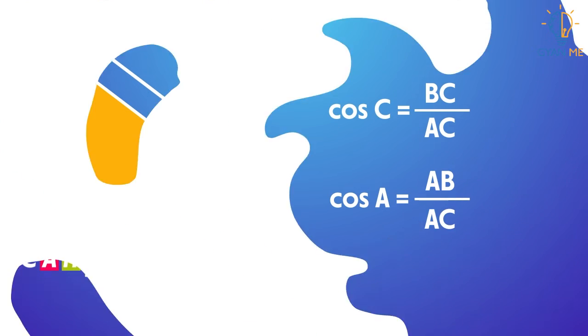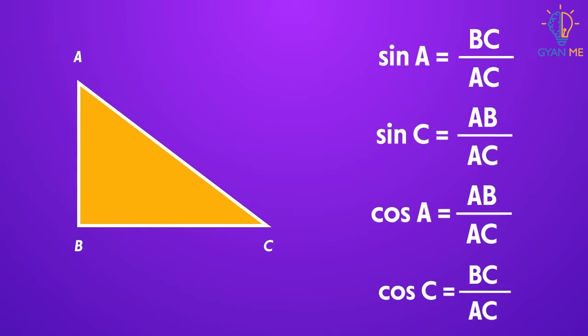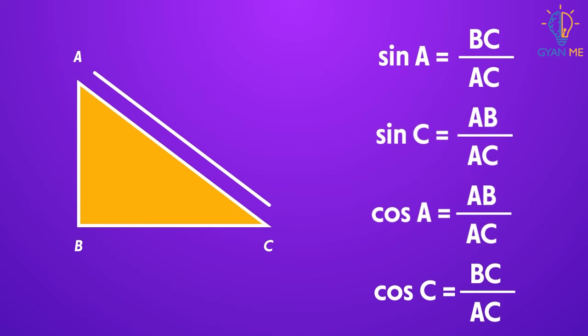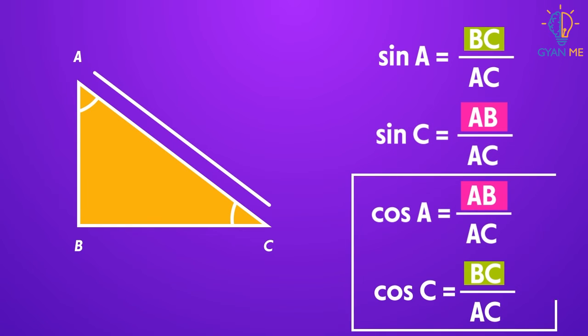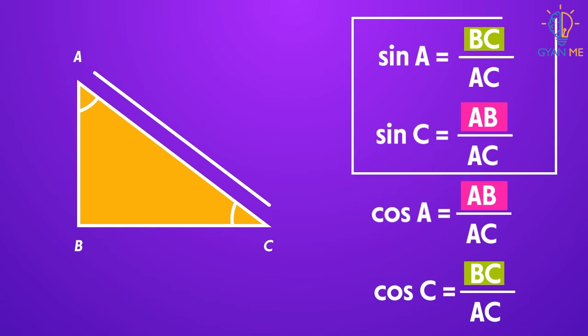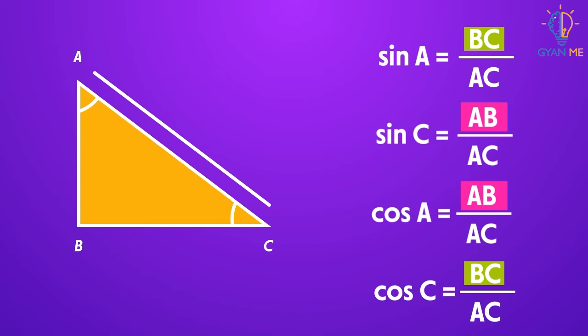Now you must be thinking that AC, the hypotenuse, is also adjacent to angle C and angle A. So can we substitute AC instead of BC or AB in the formula? The answer is clear: no. Note that here AC cannot become adjacent or opposite to any angle, and that is why we have given this side a separate name, the hypotenuse.